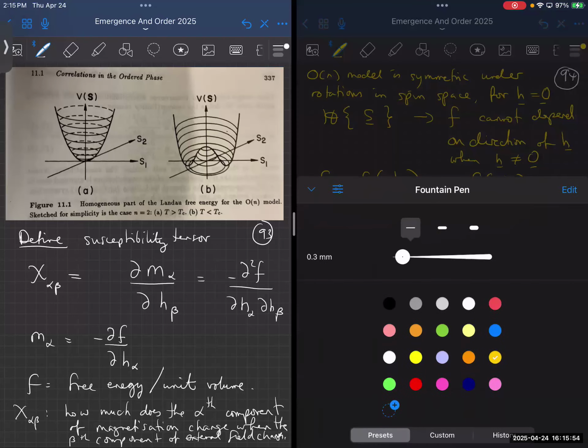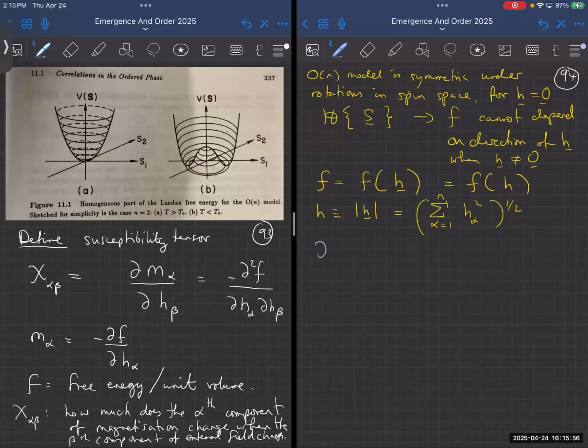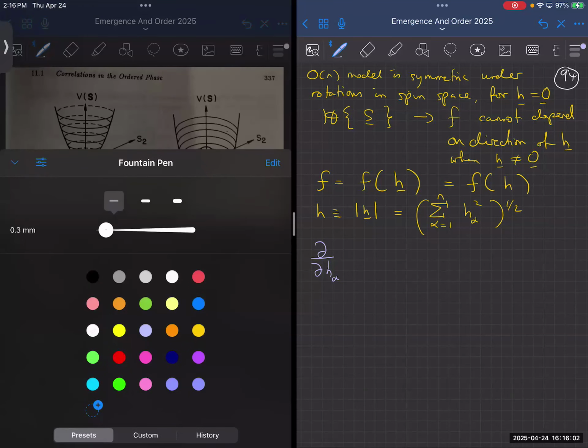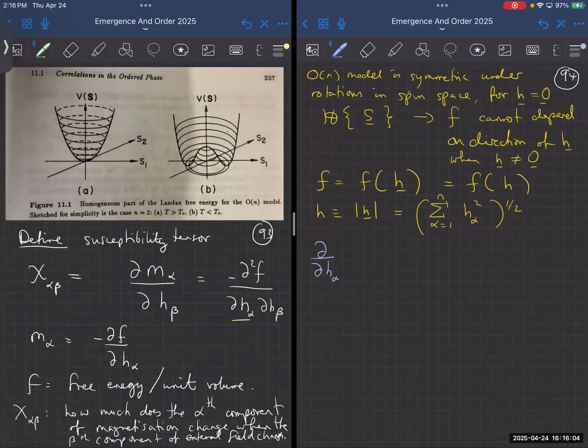We have some very simple calculus identities. So that means that d by dh alpha, and why do I care about d by dh alpha? Well, because over here, we are considering derivatives with respect to the external fields. So d by dh alpha is equal to d by dh times dh by dh alpha by the chain rule.